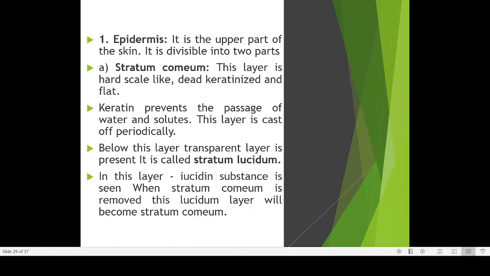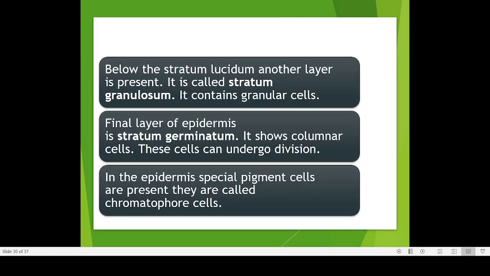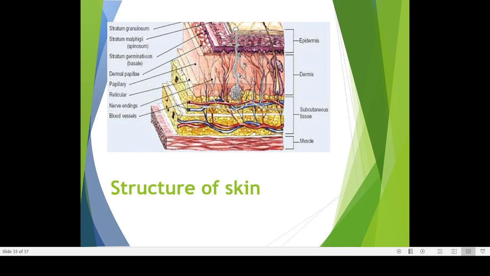Before going to the epidermis, I will show you a picture to give an idea regarding the structure of the skin. We can find the dermis there and also the epidermis. To begin with, we are going to study the epidermis, the uppermost layer of the skin.